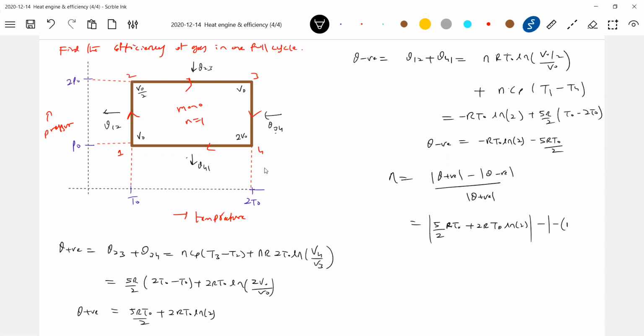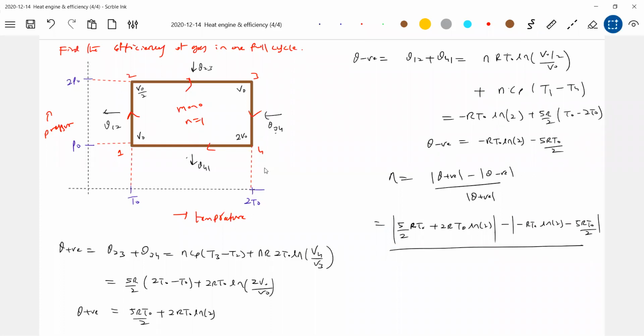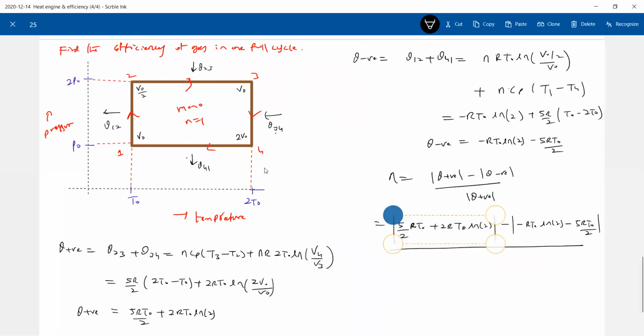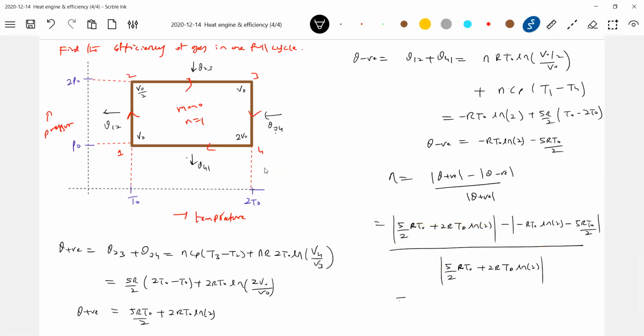If you want to write it, or let it be RT naught, RT naught log 2, all divided by... so I think 5 RT naught by 2 minus RT naught by 2 will be 3 RT naught.